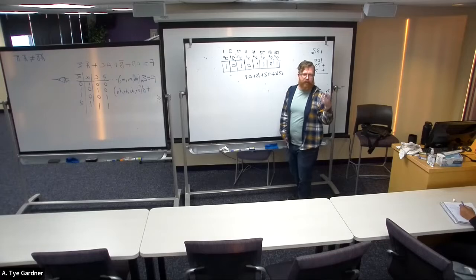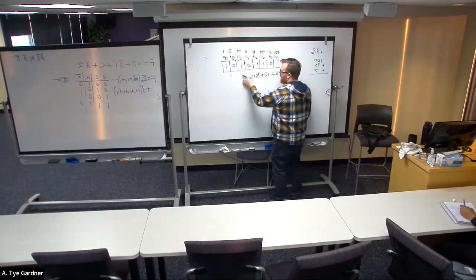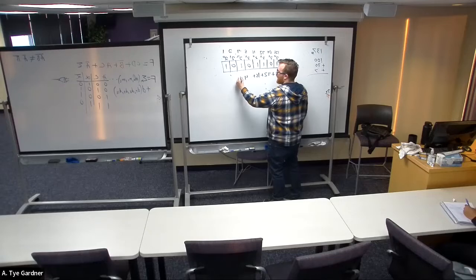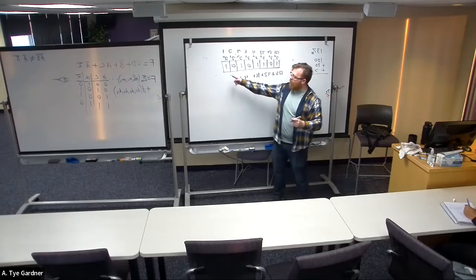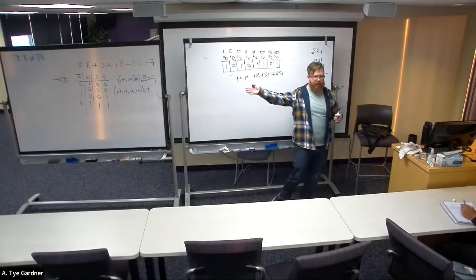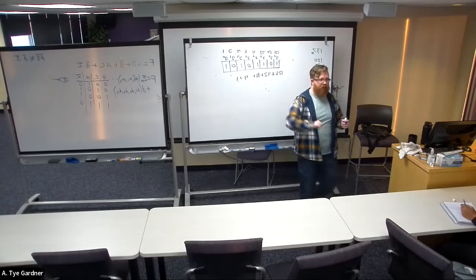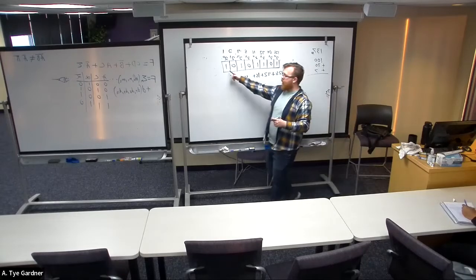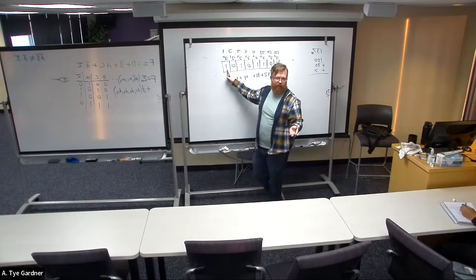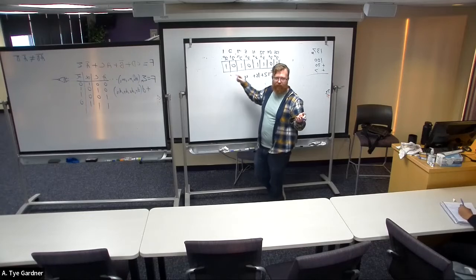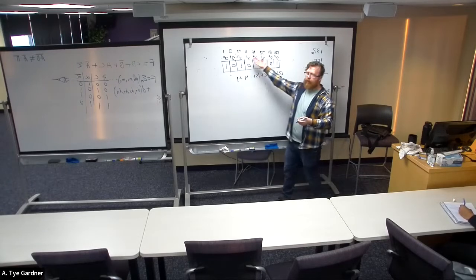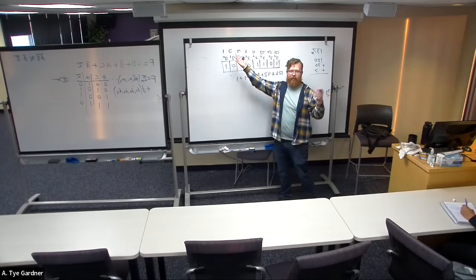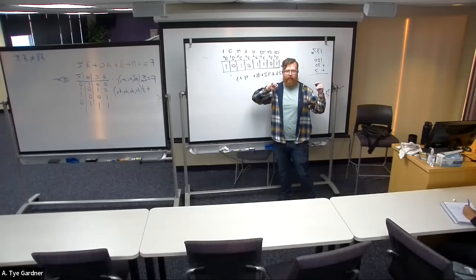The 0 times 8 is 0, which means I can just ignore it. And then add 4 plus 1. Note that if you ever have a 1 here, that means your number is odd. So you can always quickly check your work. If you've done a conversion and you end up with an even number, but there's a 1 here, you did it wrong. You added something weird. There are no other odd numbers that are going to exist, because if you're doubling something, you can't double into an odd number.